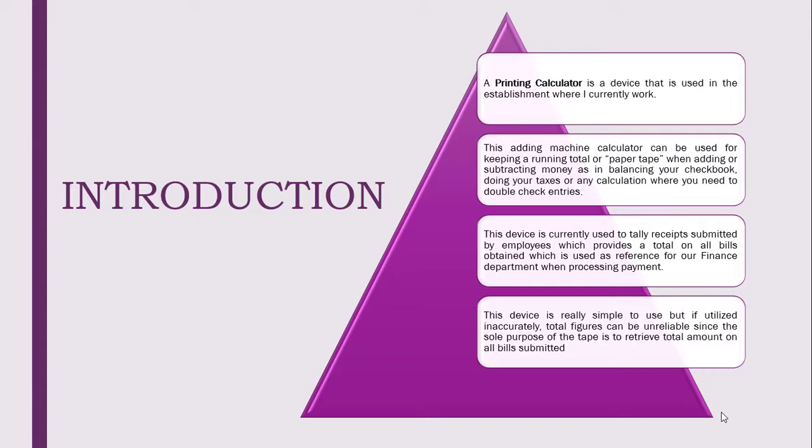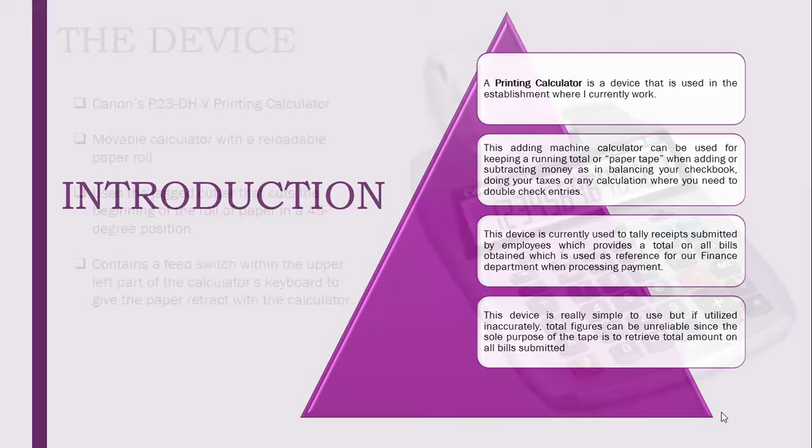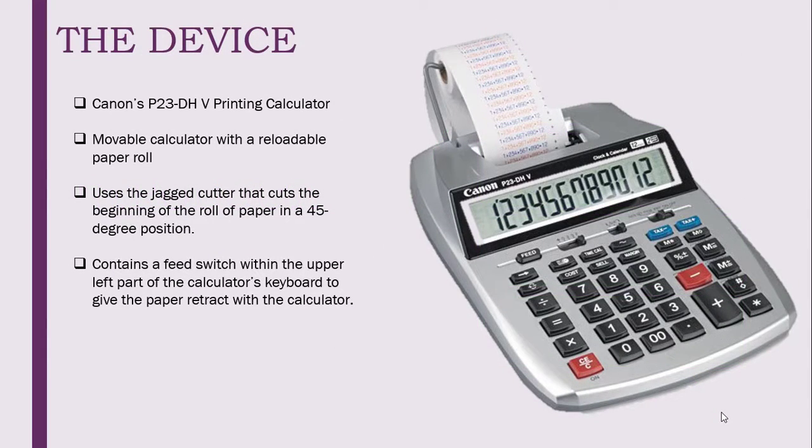What I actually did was observe different users or different subjects using the running tape or the printing calculator, which is the correct name for it, and I took note of it. This is what the device actually looks like.